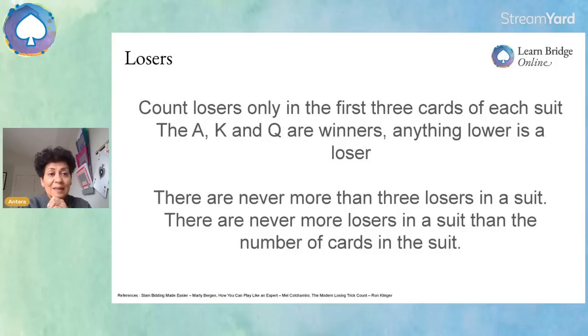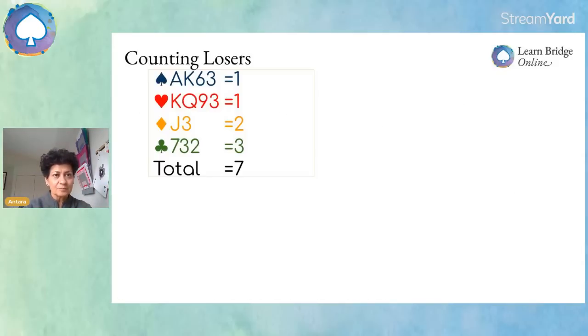I told you that the ace, king, and queen are all winners, but let's assume I've got just the king, a king singleton in a suit. That will be considered a loser because I don't have the ace. And if the ace is played, I'm going to lose the king to it. Okay, so that's just a little bit about the losers.